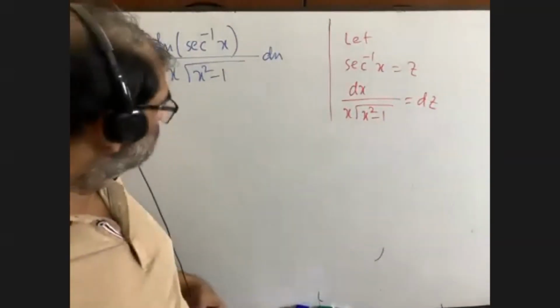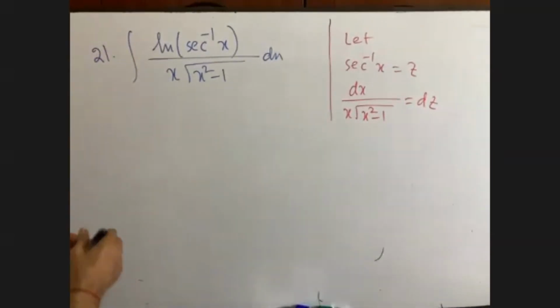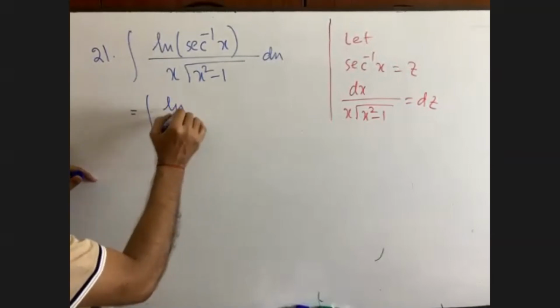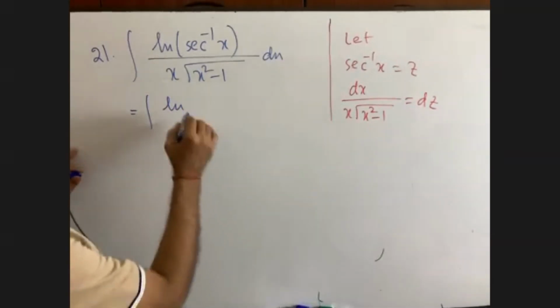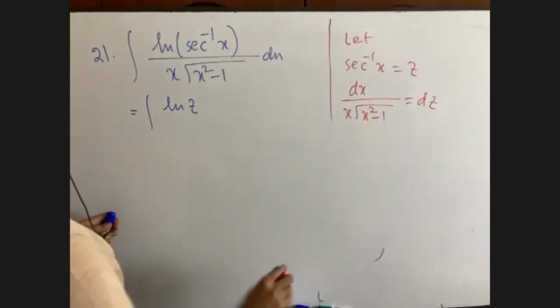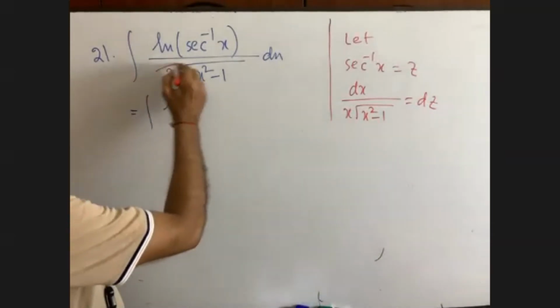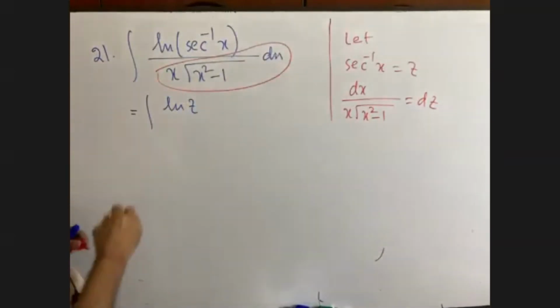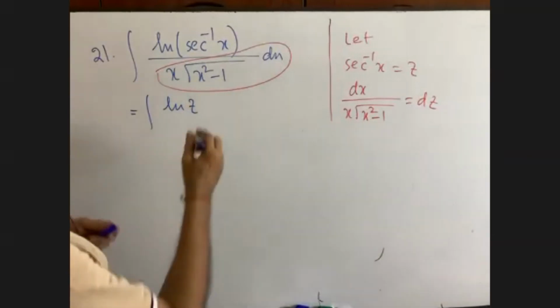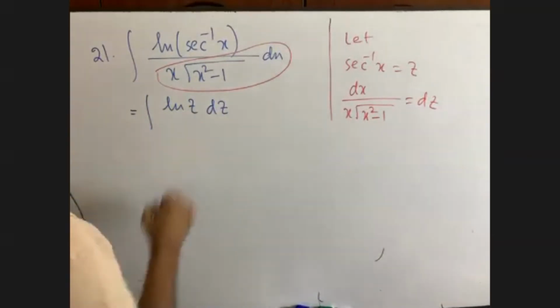Is it okay to all? That means we are getting here ln of sec inverse x equals z, so ln z, and you see we have the value of this part, dx by x root over x square minus 1, as dz.